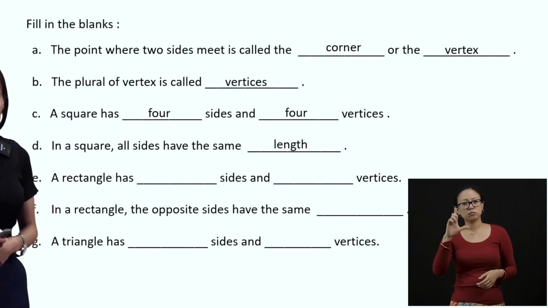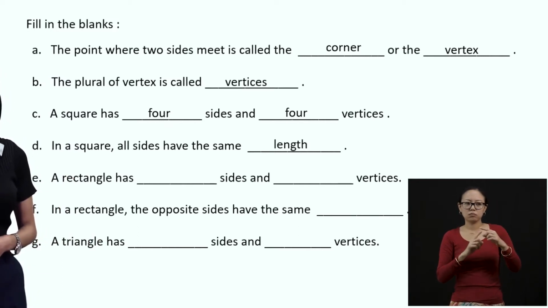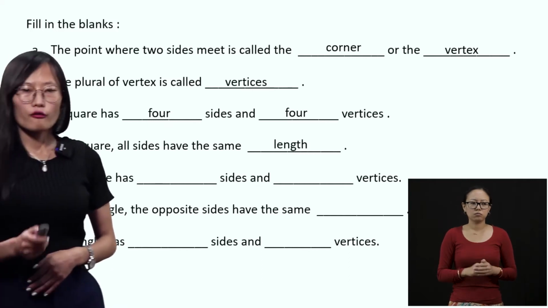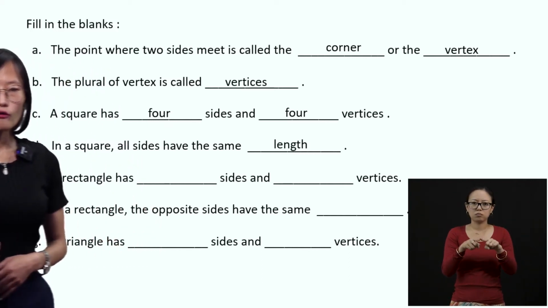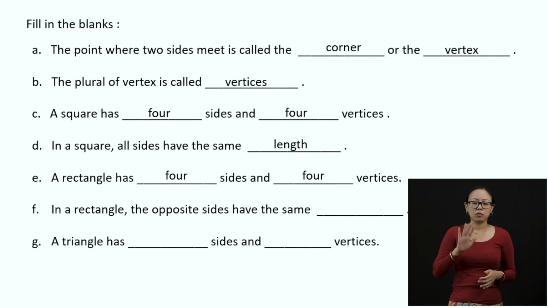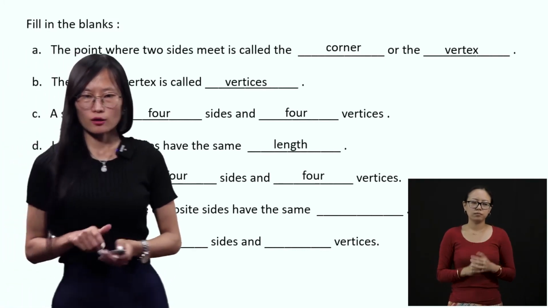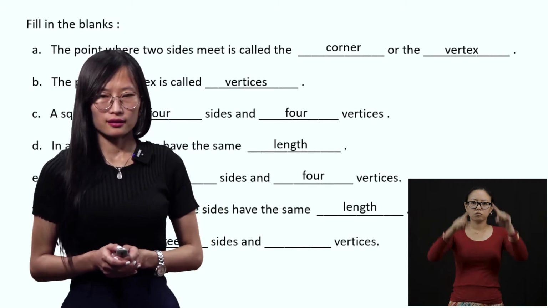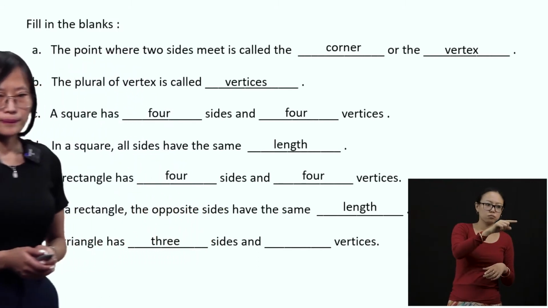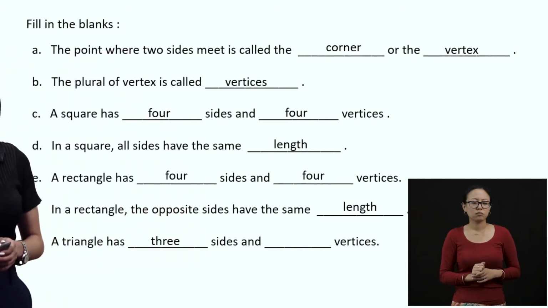E, a rectangle has dash sides and dash vertices. A rectangle has four sides and four vertices again. In a rectangle, the opposite sides have the same length. In a triangle, the opposite sides have the same length.